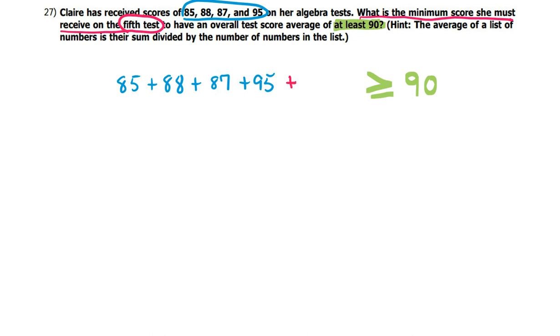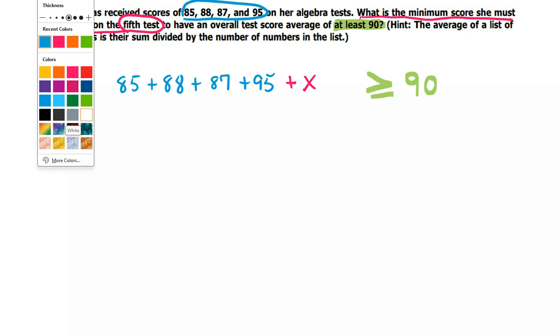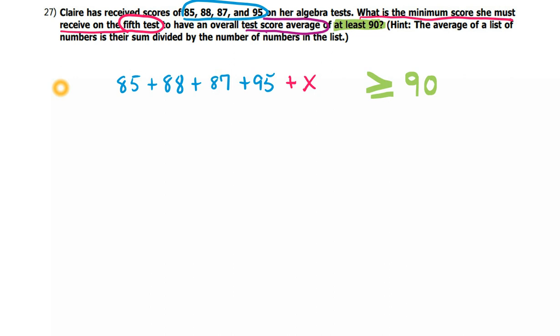So one more test, that's X, so that her average, and to do an average, you add up all your scores and then divide by the number of scores, and there's 5 of them. So that was how you calculate average. And that has to be greater than or equal to 90.